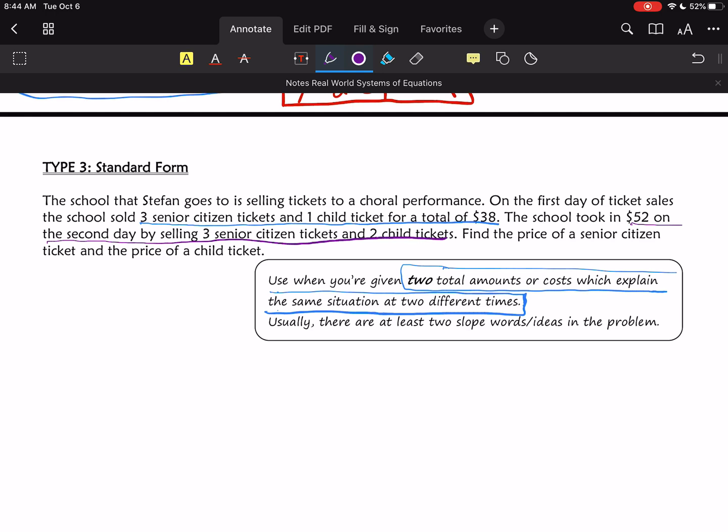And it's asking us to find the price of a senior citizen ticket and the price of a child ticket. So, identifying my variables here, x will be the senior ticket price, and then y will be the child ticket price.